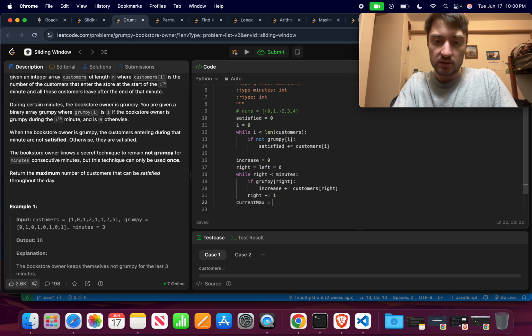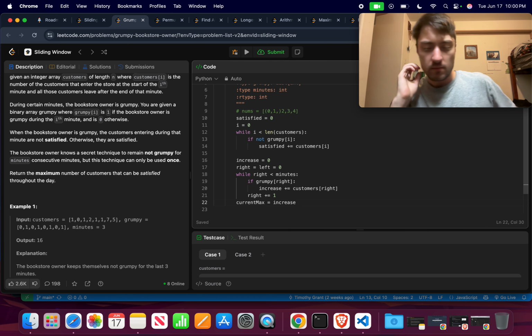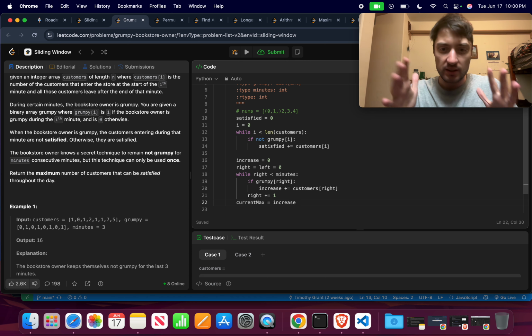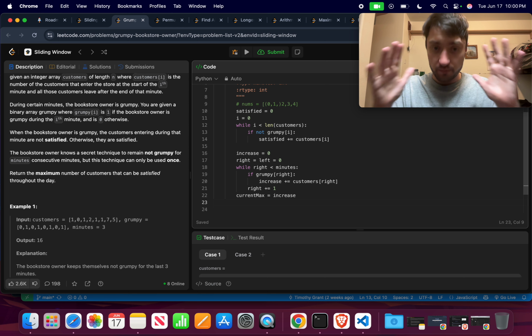Current max is equal to increase. So now I am seeing that I could have also done it the other way that I was thinking about. But we're just going to stick with this because we're trying to figure out a solution.